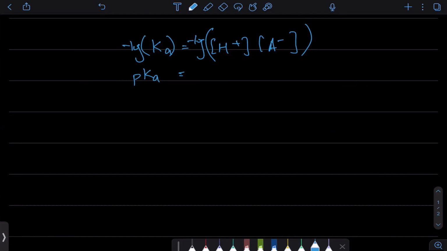And another rule of math is that just like powers add when numbers multiply, log also adds when numbers multiply. So these two numbers are multiplying, their logs will add. So I'll end up with minus log of H positive concentration plus minus log of the anion's concentration.